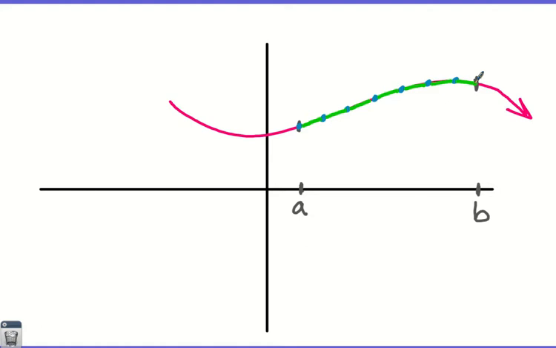And if we added up the lengths of all those line segments, we would get something kind of close to the actual arc length.